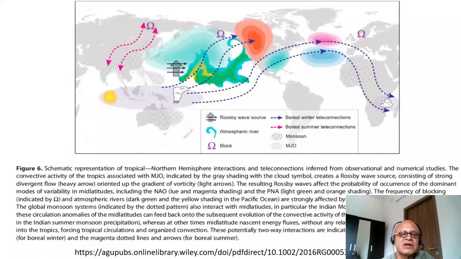So this is a schematic representation of the tropical-northern hemisphere interactions and teleconnections from a review article with lots of authors. Eric Maloney is one of the ones that comes to mind. It's looking at the Rossby wave source here. You can see the shear shown here, and the boreal winter teleconnections, which you can think of as the PNA pattern.